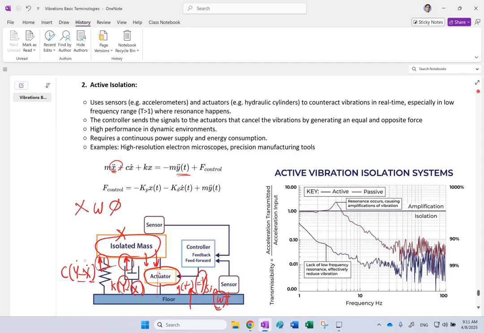Okay, so what I need is an actuator, a hydraulic actuator or any other type of actuator, that can apply a force in the opposite direction to the forces from the floor to the mass and cancel those. So with some simple extra control force, I can force my system solution x to converge to zero.